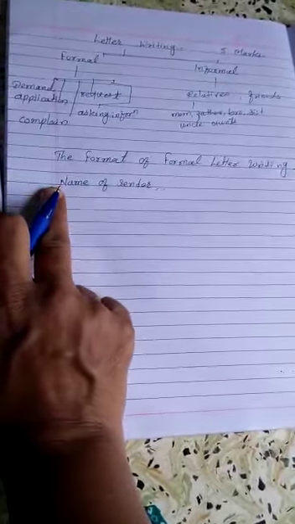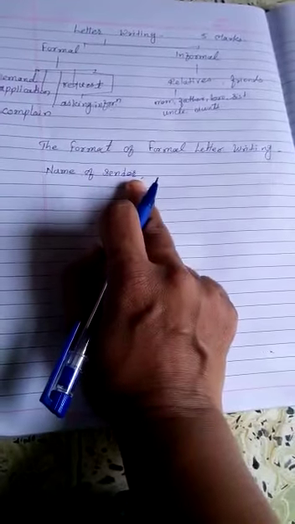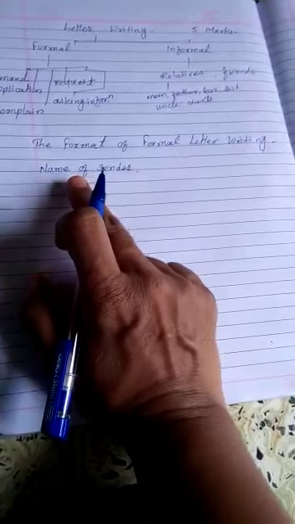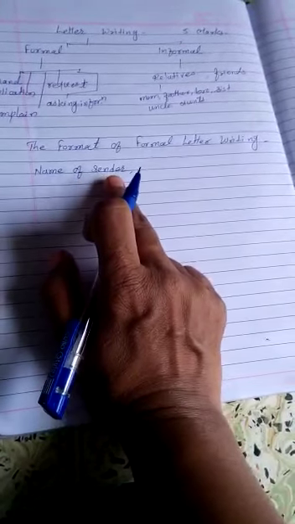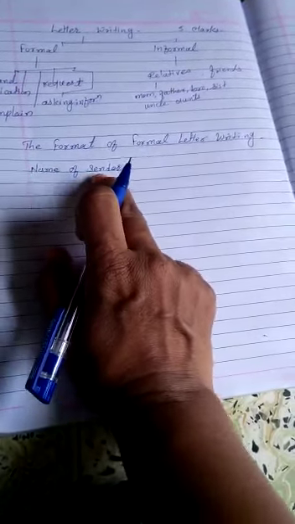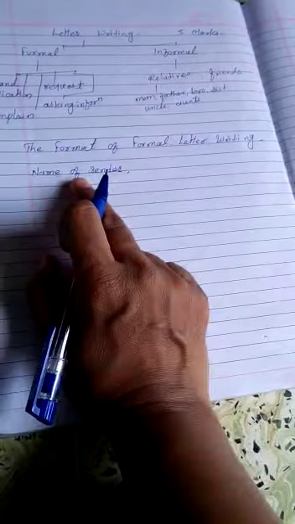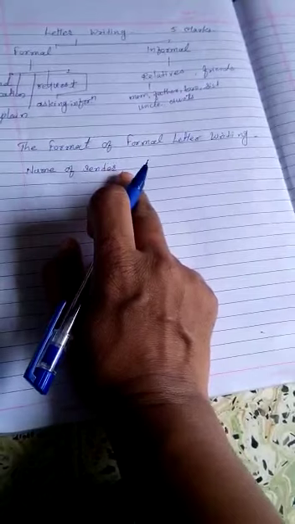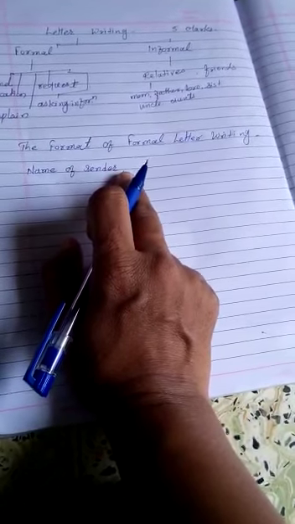Name of sender. Sender is the letter writer, the person who is writing the letter, that is called the sender. So first of all, write the name of sender in capital first letters and then give the comma.